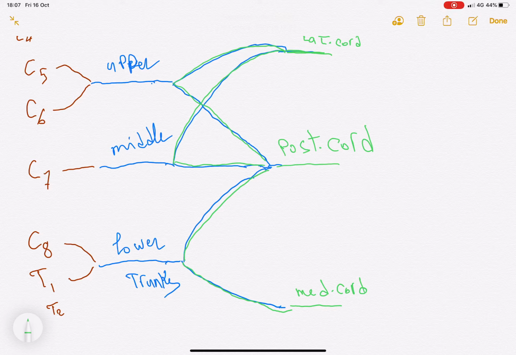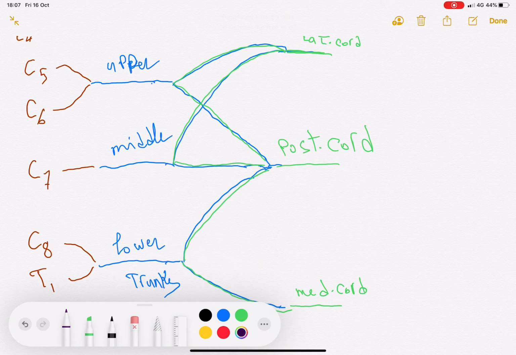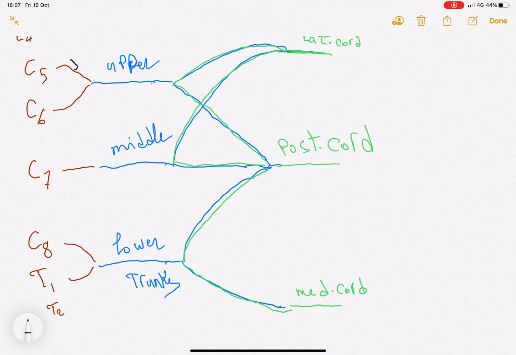We will start discussing the branches. The first branch comes from C5, and in the drawing here you can see it is moving backward, and from backward we can remember that this is posterior.